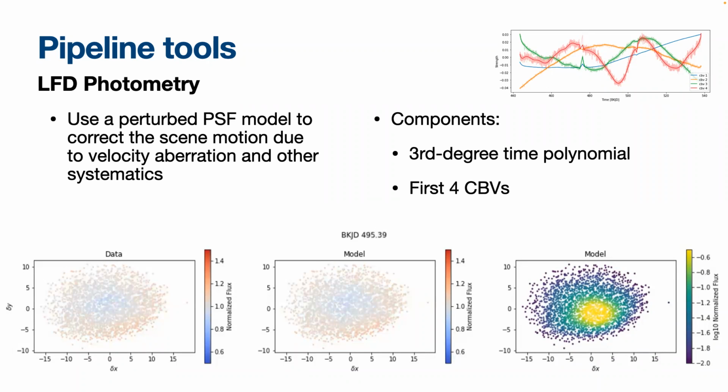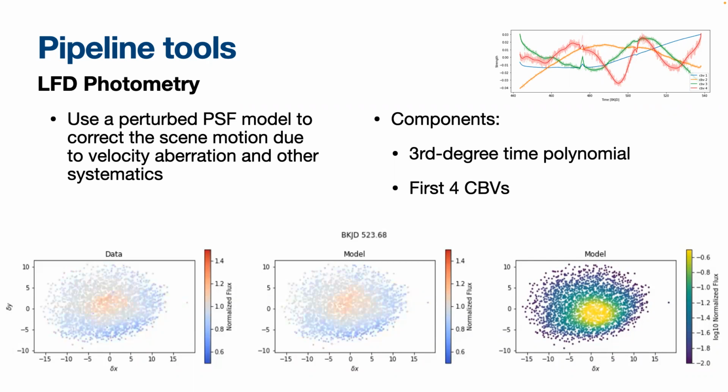We can model that by introducing a perturbation on our mean model. And we did that by using a couple of different components. We have components coming from a third-degree polynomial in time that mostly account for the smooth movement in the scene.